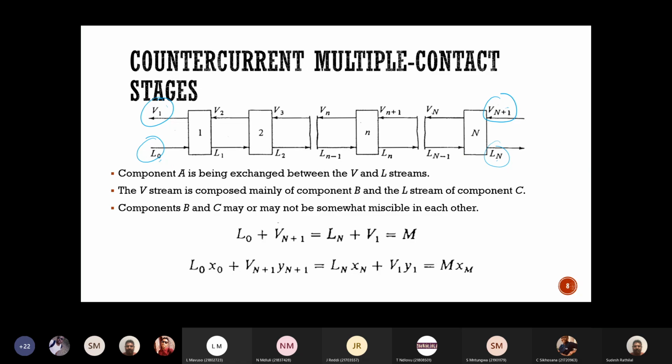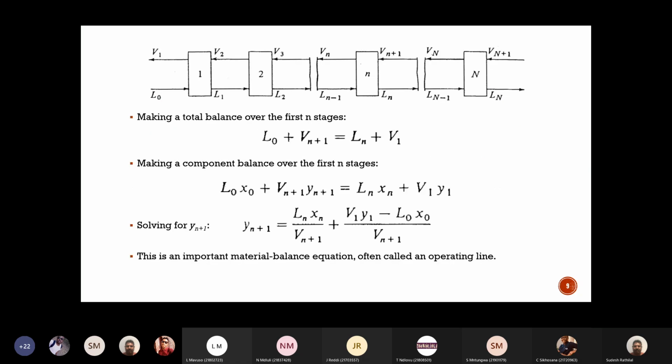Okay, coming in. If we make yn plus 1 the subject of the formula, now you're doing a balance from the first stage to the nth stage, somewhere in between.